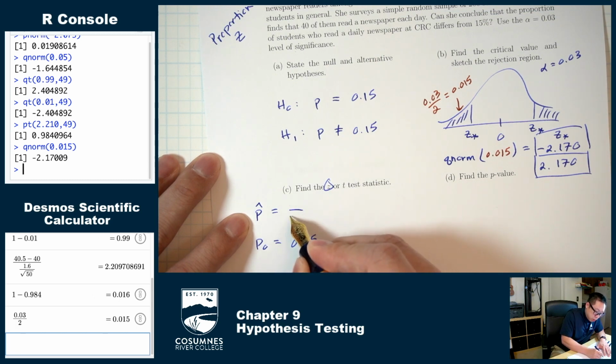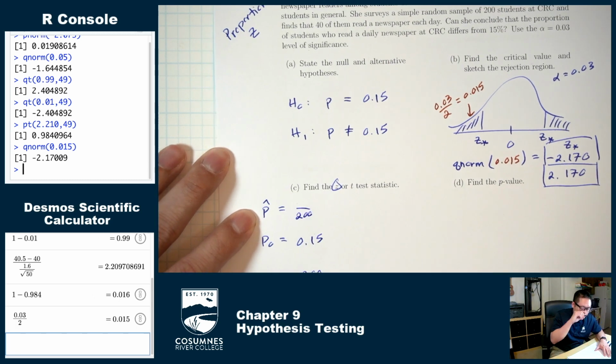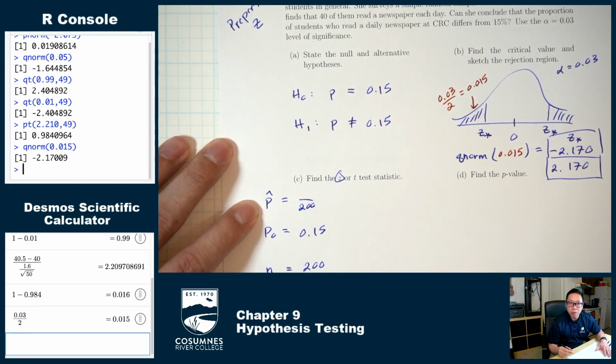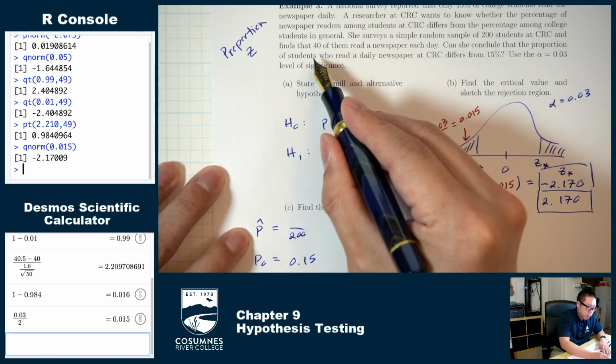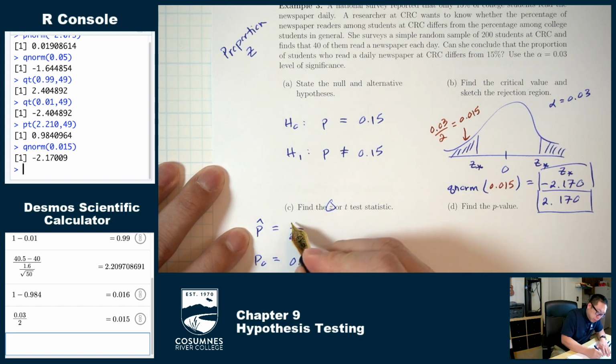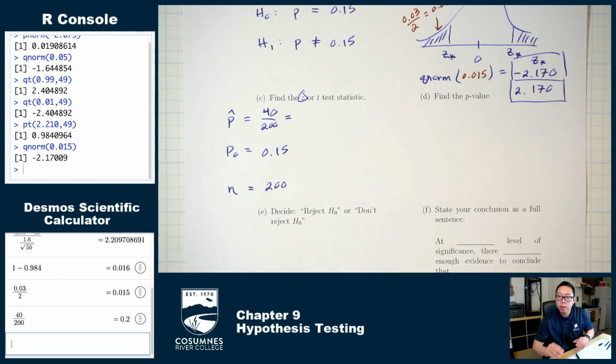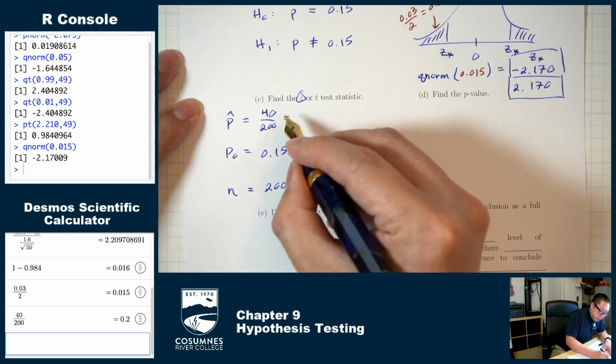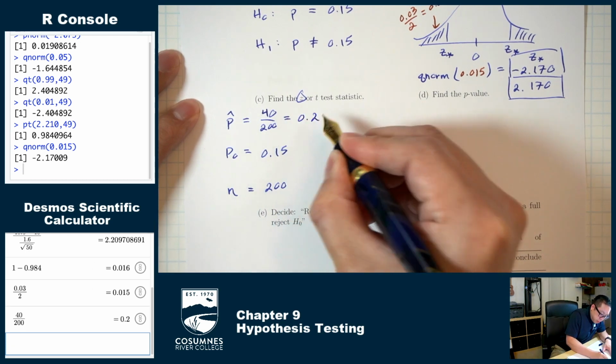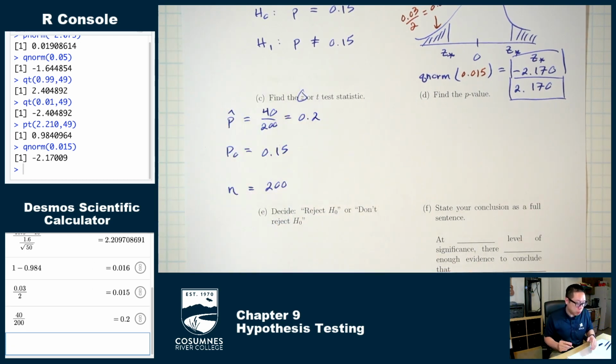Our total is 200 on the bottom, so how many students read a newspaper here? 40 out of 200. 0.2. Okay, if it's a long decimal, round that to 3 decimal places if you need to.